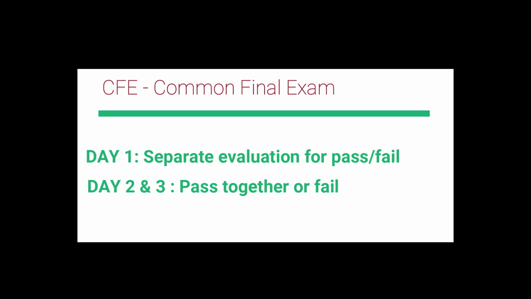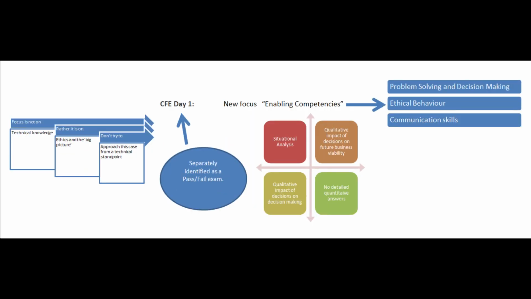There could be cases where a candidate clears day 2 and day 3 but is not able to clear day 1. So, in that case, the candidate will repeat the exam for only day 1 and not for all 3 days. In all these 3 days, typing speed and time management are the two most important things. Talking about day 1, it is all about enabling competencies.